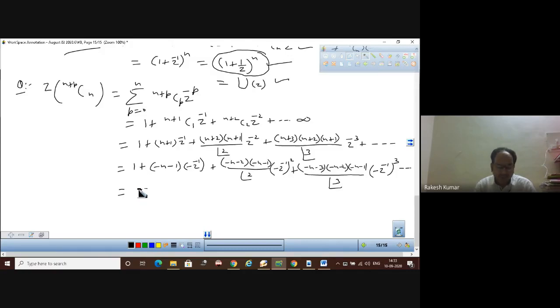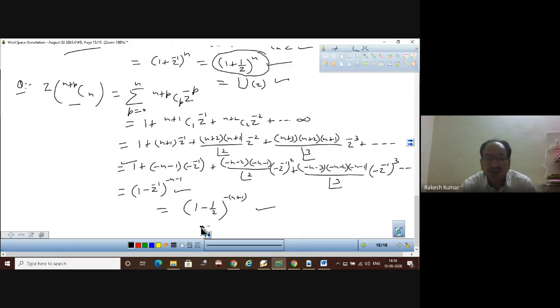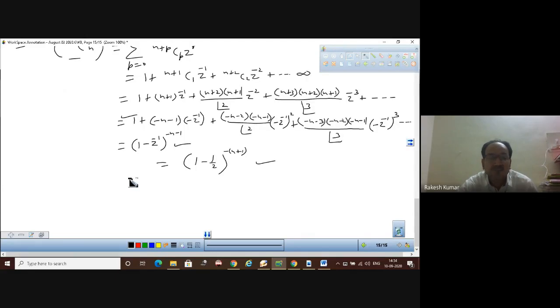So what will it be? That will be 1 minus Z inverse whole raised to power minus of n minus 1. Now its binomial will be this. So this is the way to write it in a simpler manner: 1 minus 1 over Z whole raised to power minus n plus 2. So this is the Z transformation of this binomial coefficient. They can ask for any coefficient, so you should be well prepared and well practiced while doing the questions.